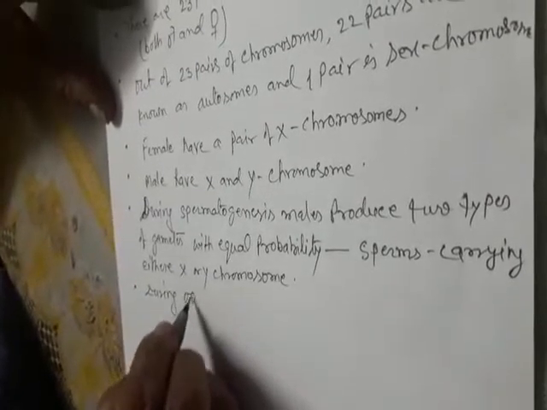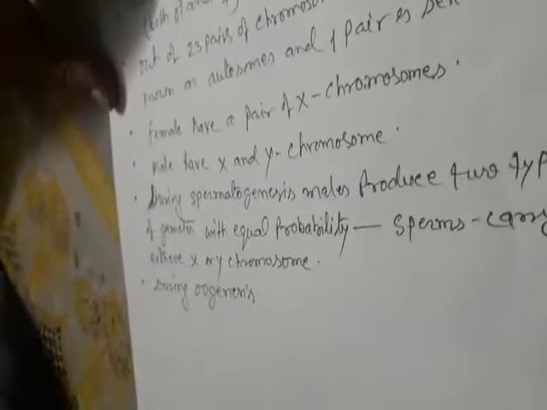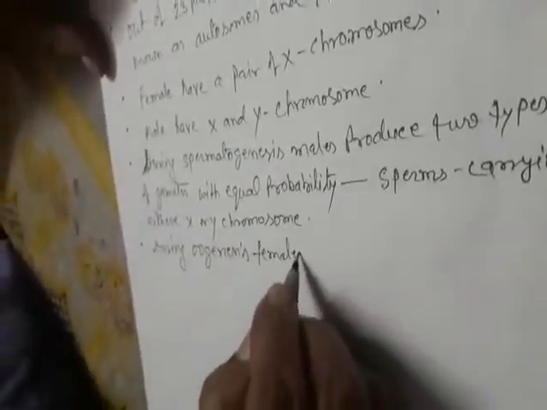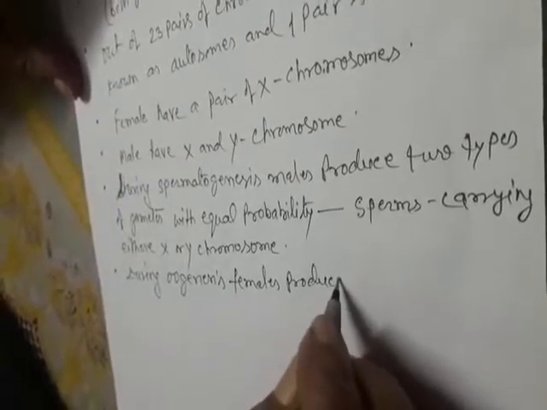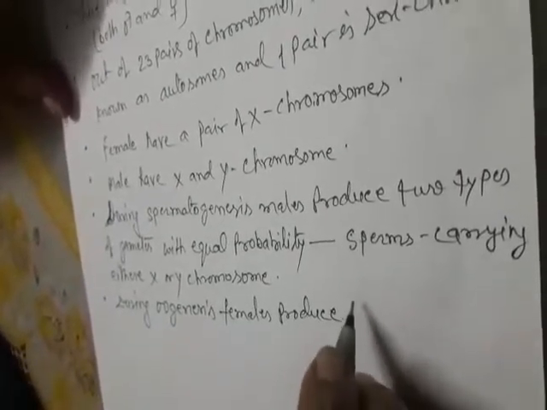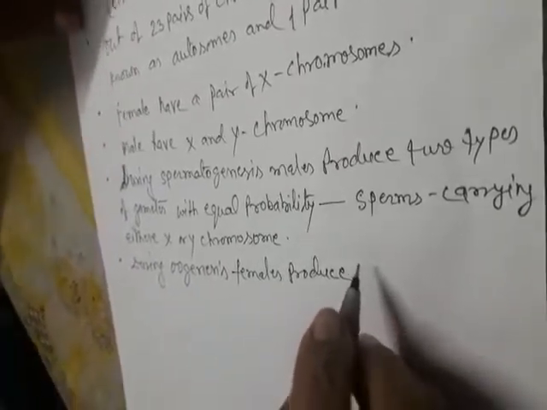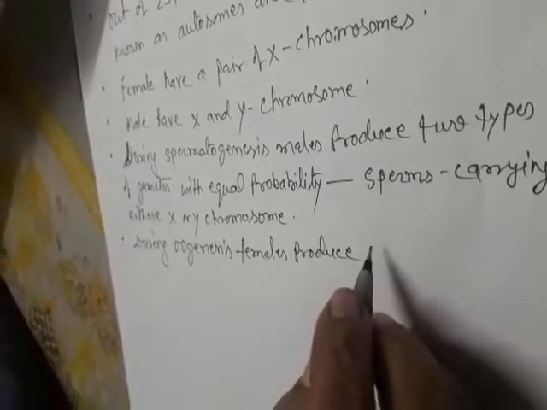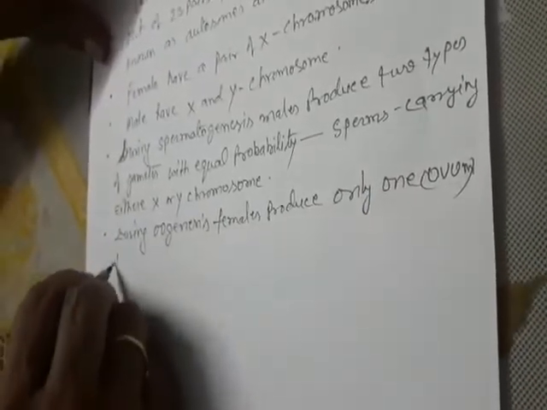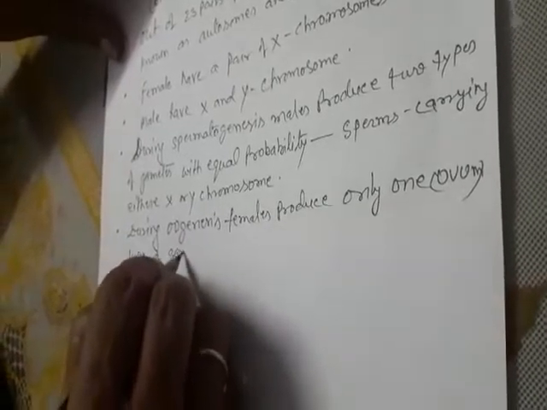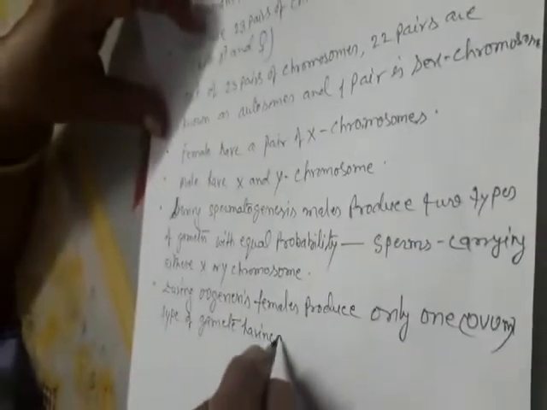During oogenesis, females produce only one ovum, only one type of gamete, having X chromosome.